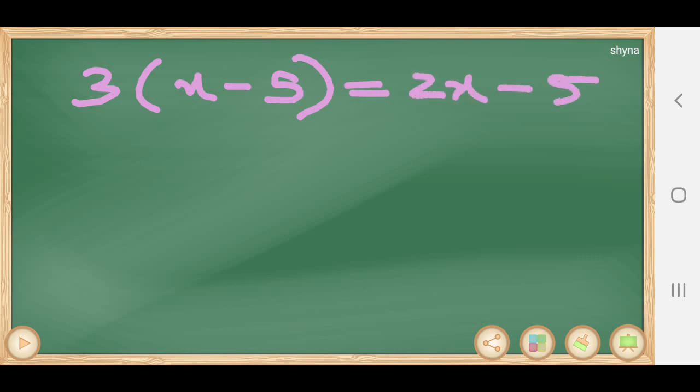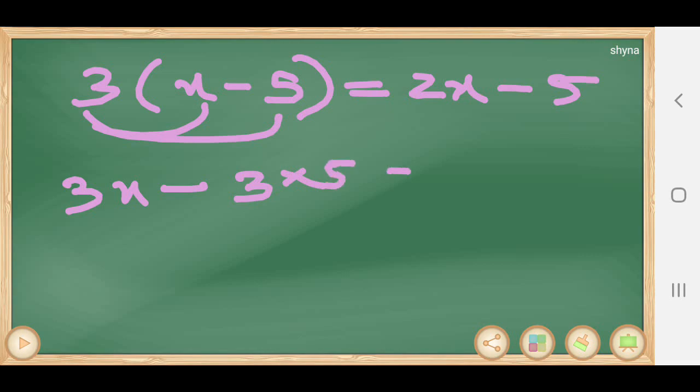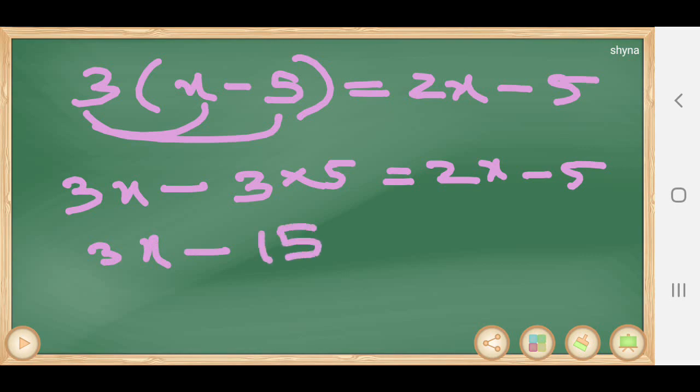How will you multiply? 3 into x is 3x, the same minus symbol, 3 into 5 is 15. So 3x minus 15 equal to 2x minus 5. We got an equation with variables on both sides, 3x and 2x.